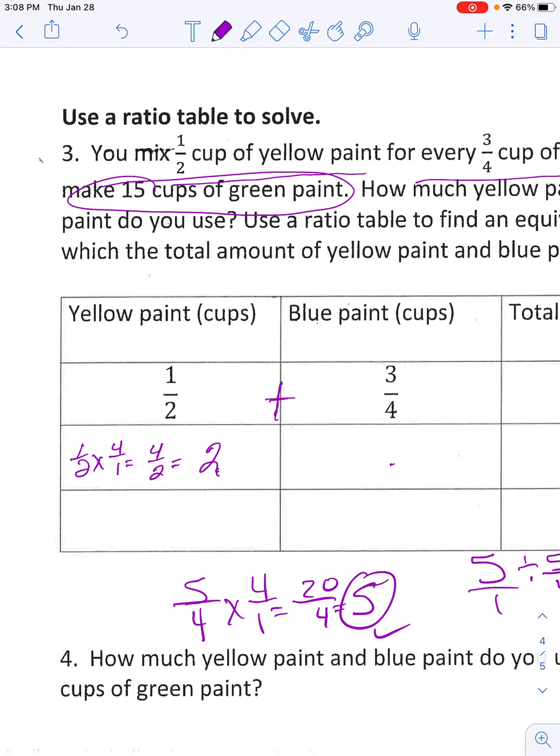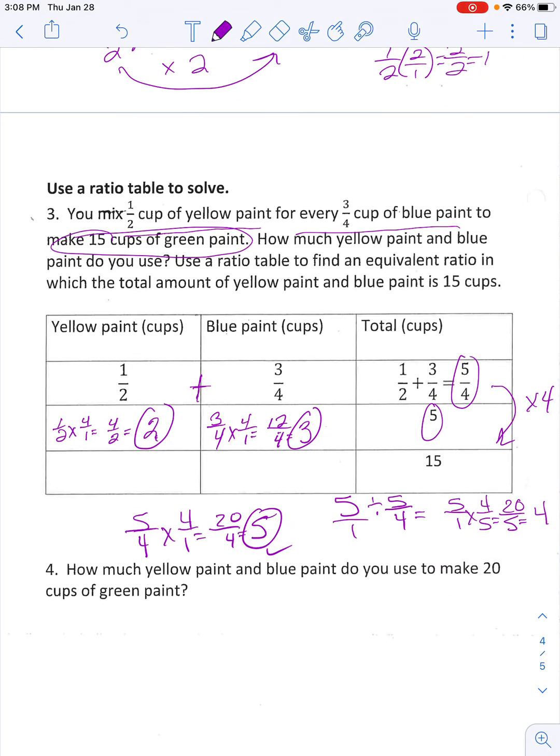And let's do 3/4 times 4. So we're pretty much quadrupling the recipe right now. That's 3 cups of blue. So now 2 cups of yellow, 3 cups of blue. We've got 5 total cups.